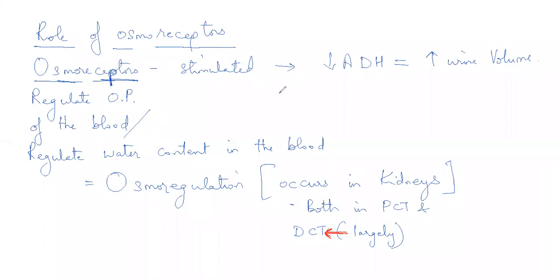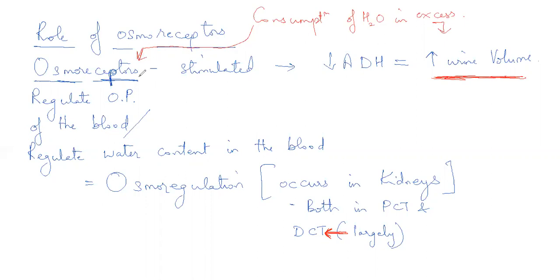Osmoreceptors would not be stimulated if there is decreased water intake. Like this, increased urine volume would occur when consumption of water is in excess. जरूरत से ज्यादा पानी अगर पी लिया, ये यहाँ से रेगुलेट हो जाता है.